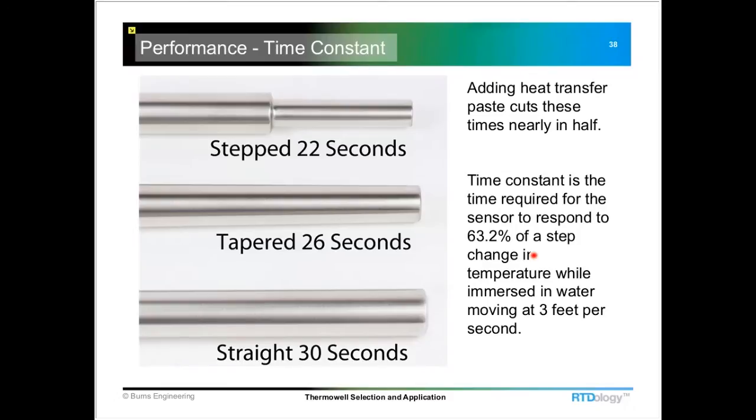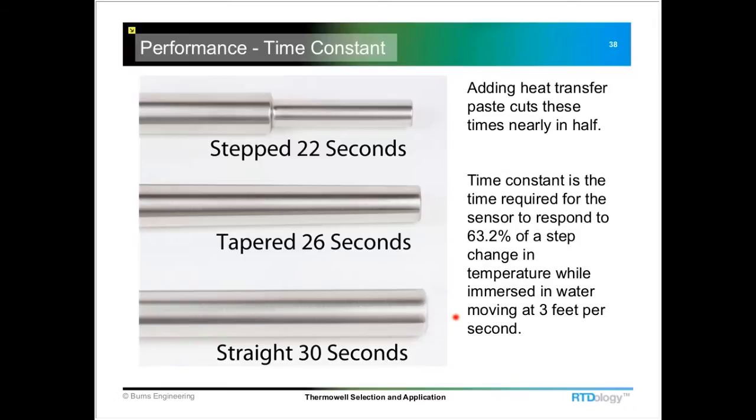And some of the dimensions on these, this section here is 1/2 inch diameter. This one tapers from roughly 7/8 down to about 5/8. And the straight stem Thermowells, pretty common standard there would be just 3/4 inch diameter.